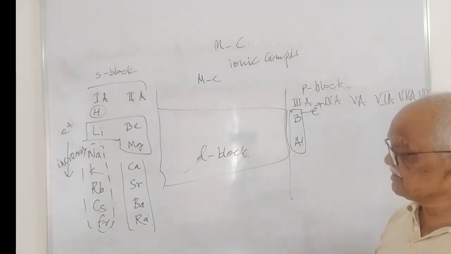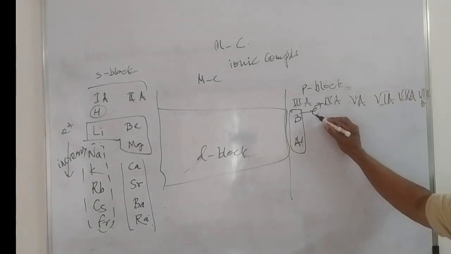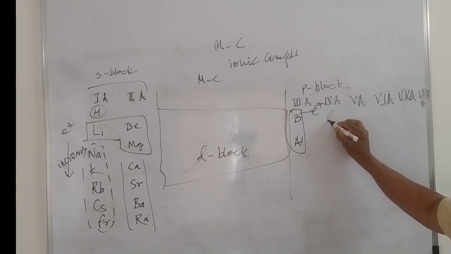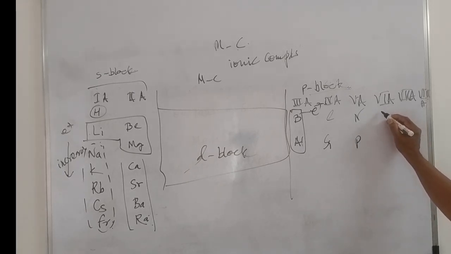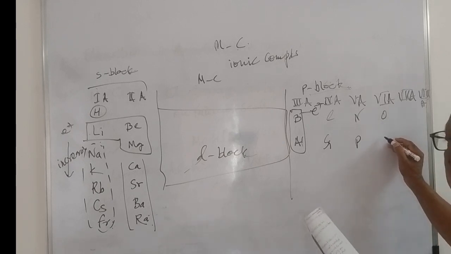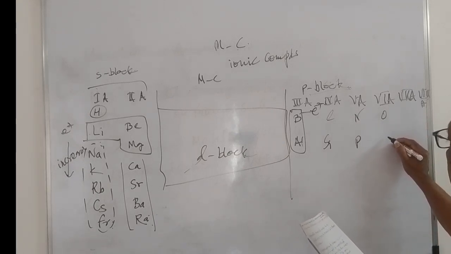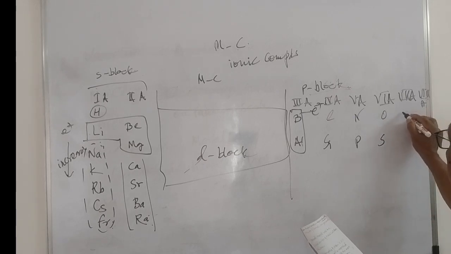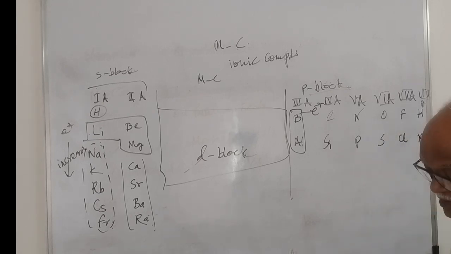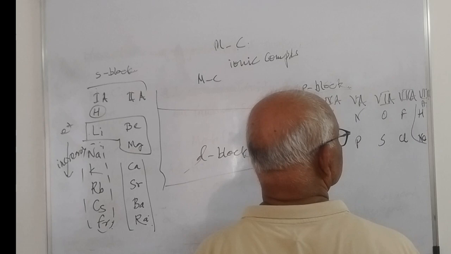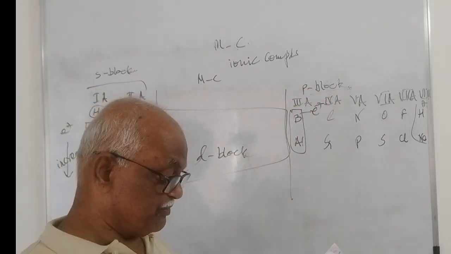Other P block elements, that is the elements of the third A, fourth A groups, that is carbon, silicon, etc., and here the others, that is nitrogen, phosphorus, etc., then oxygen, sulfur, etc., fluorine, chlorine, etc., then helium, neon, argon, krypton, etc. So these are not giving their organometallic compounds.